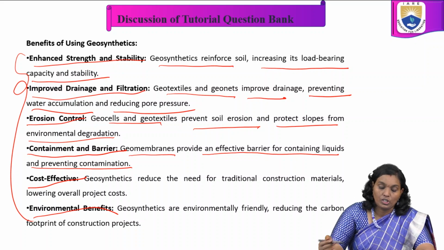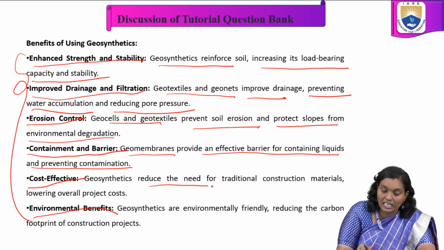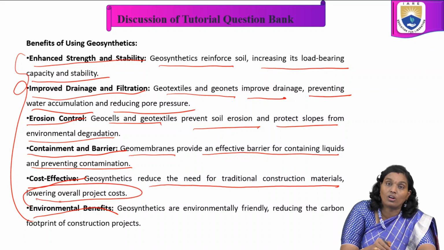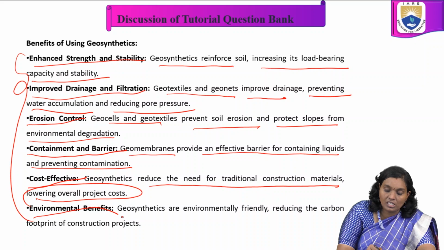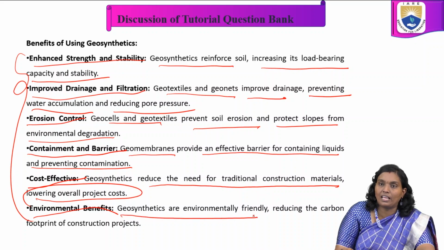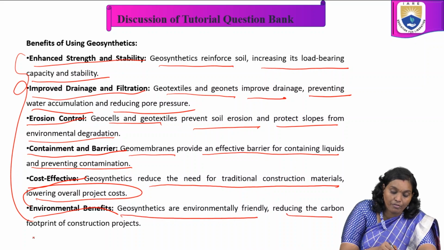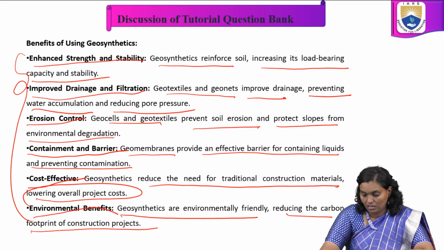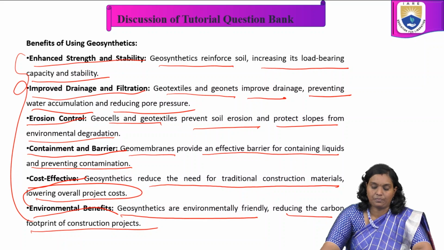Cost effective: geosynthetics reduce the need for traditional construction materials, lowering overall project cost. And geosynthetics are also environmentally friendly, reducing the carbon footprint of construction projects. These are the major benefits which you observe from using geosynthetics.